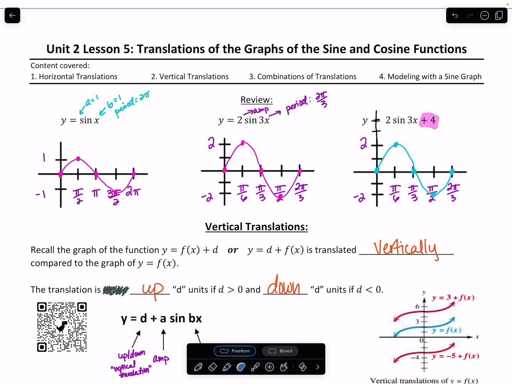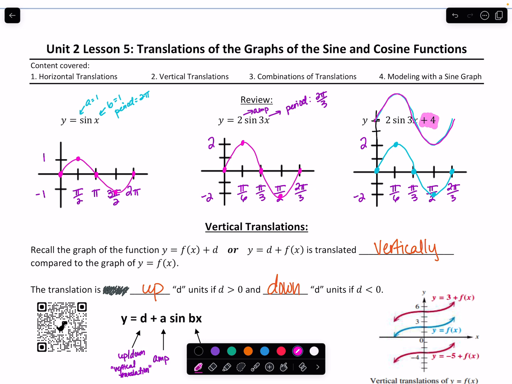Because it's a +4, what this graph is going to do is take my graph and shift it up 1, 2, 3, 4. So now my new graph looks like this. This would be my final 2 sine of 3x +4 graph. That +4 in the back is going to shift it up 4. If it were a -4, it would shift it down 4.